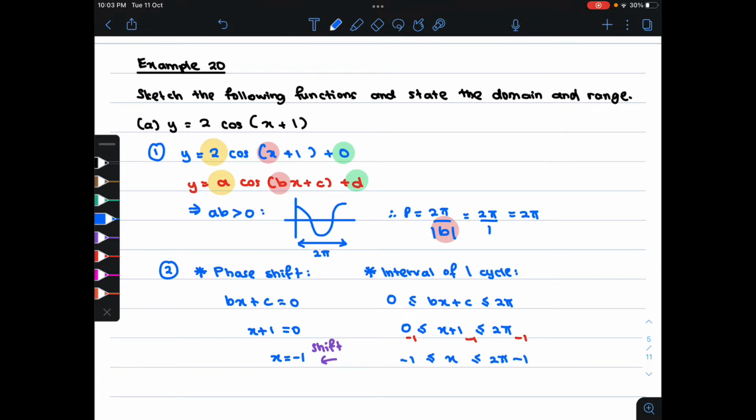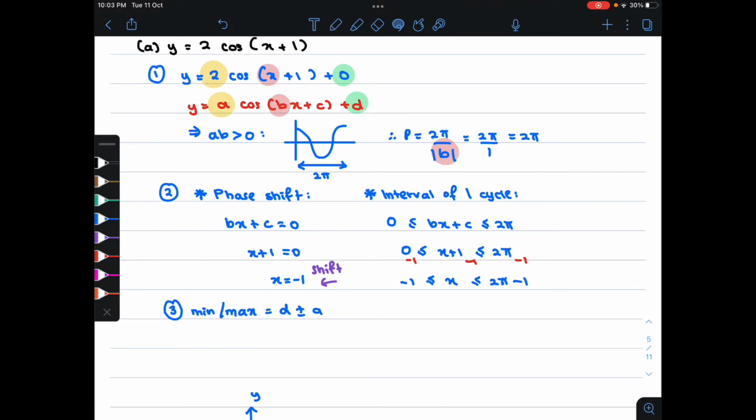And that will give you the interval of one cycle. Next is the minimum and the maximum. Note that D is 0 and A is 2. So we'll have 0 plus minus 2, and hence negative 2 will be the minimum and positive 2 will be the maximum. So now we can try and sketch our graph.